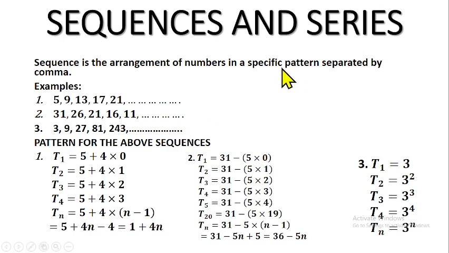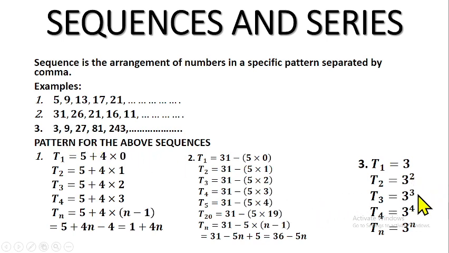Don't forget, you are justifying that a sequence must follow a particular pattern for arrangement and be separated by what? Comma. Let's look at this last sequence here. How did they get that sequence? Our T1 is 3. The first term is 3. Then the second term is 3 raised to power 2, that gives us 9.